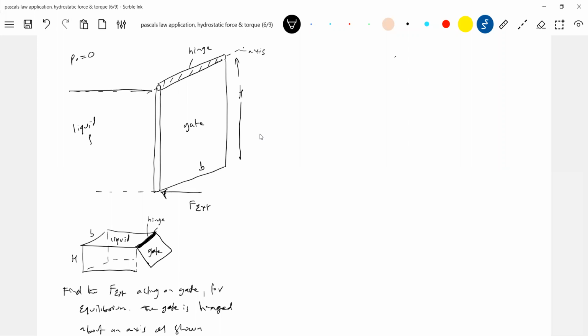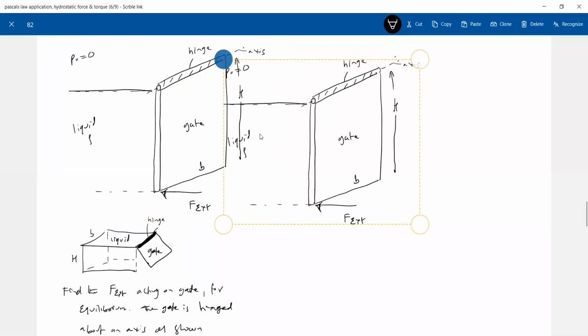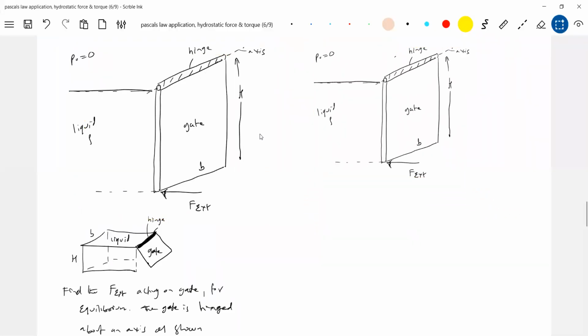Okay, let me take a small element. And now the force dF and there's a strip. So at what depth did I assume? At a depth y.